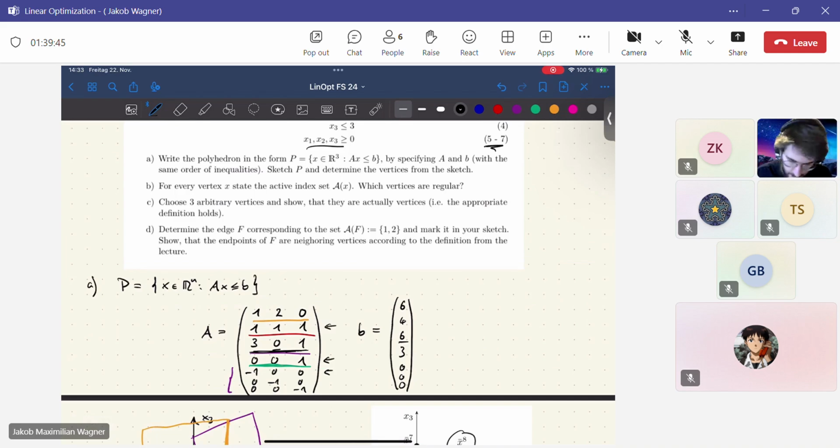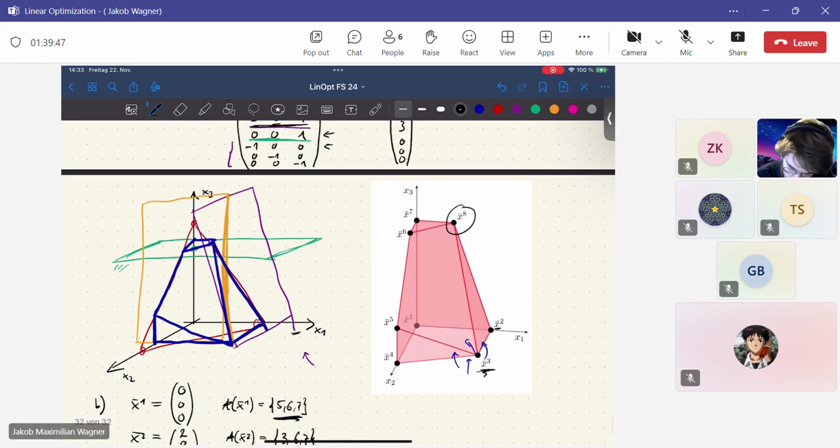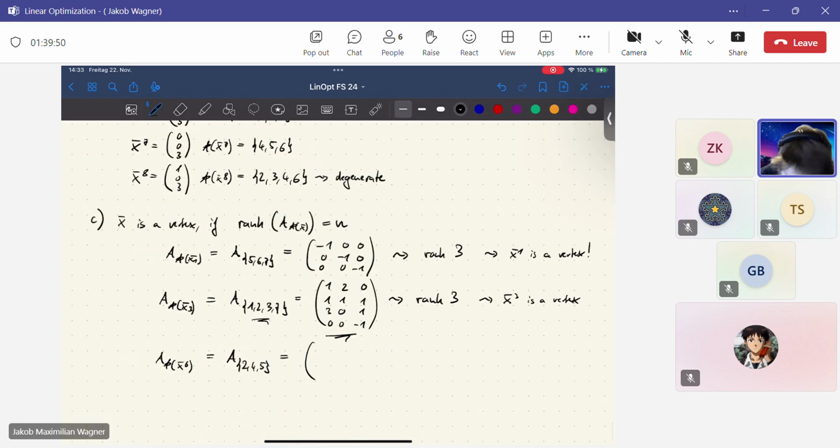And then the matrix that we get here is 1, 1, 1, 0, 0, 1, and -1, 0, 0. And this also has rank 3. And so we know that x6 bar is a vertex. All right, so this is the condition that we need to check whether we have vertices.